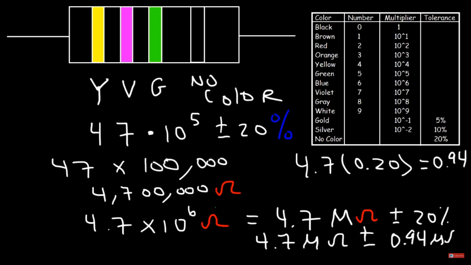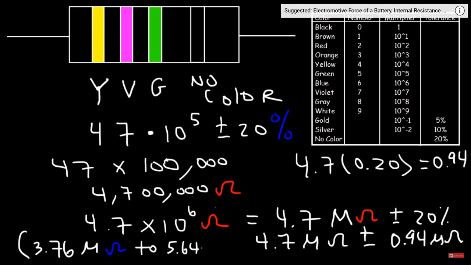The unit has to be the same. So the lowest value is going to be 4.7 minus 0.94, which is 3.76 mega ohms. And the highest value is 4.7 plus 0.94, 5.64 mega ohms.